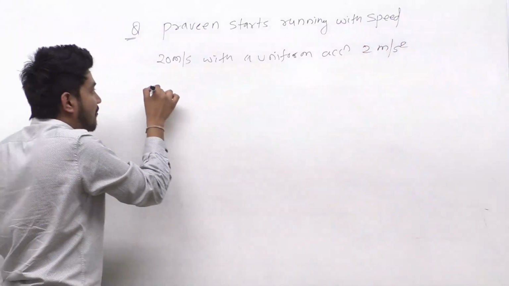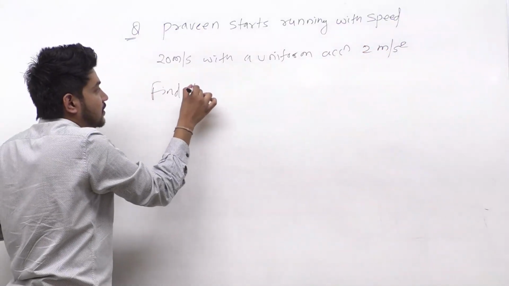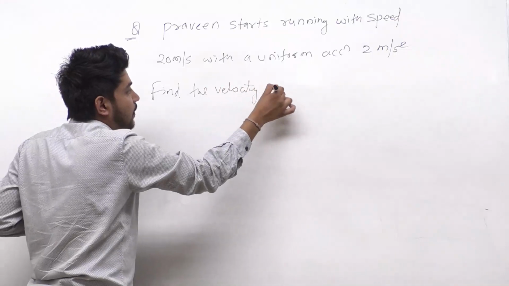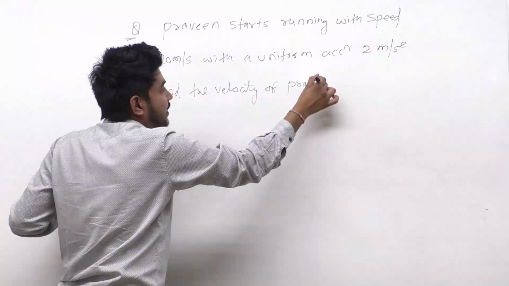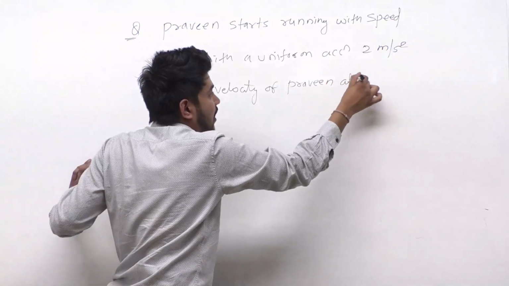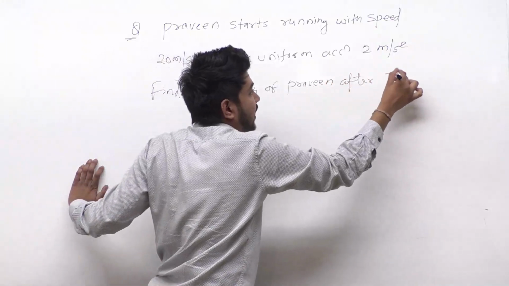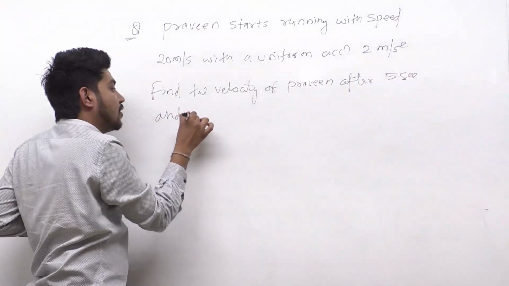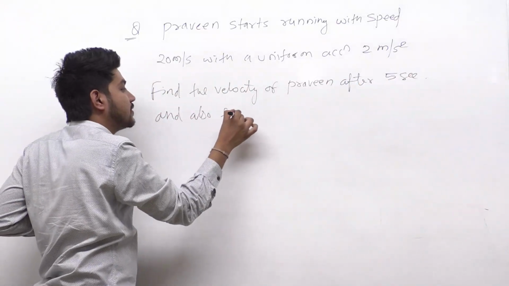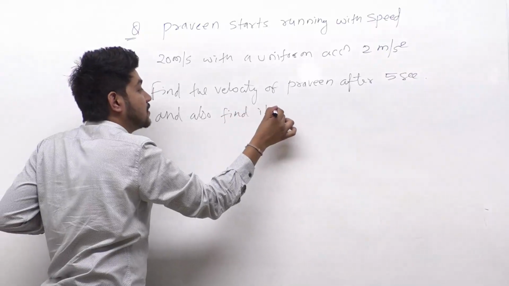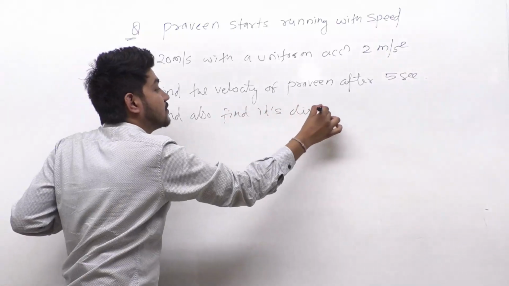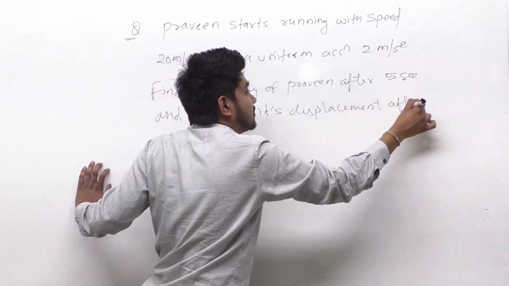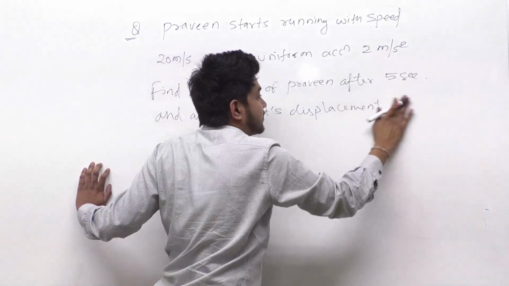So the task is find the velocity of Praveen after 5 seconds, and also find its displacement in 5 seconds.